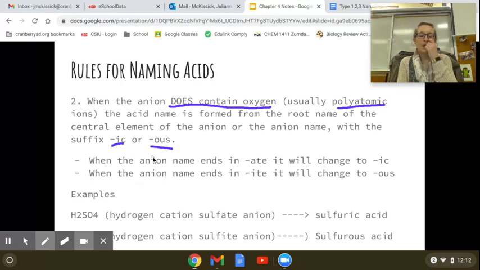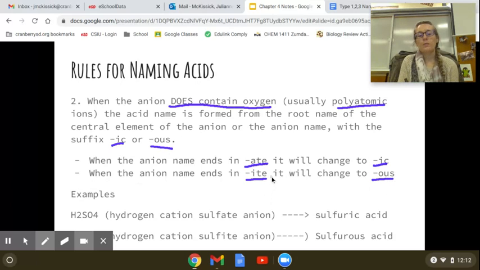So when the anion name ends in ate, like phosphate, it will change to ic. When an anion ends in ite, so it could be nitrite, it will change to ous.